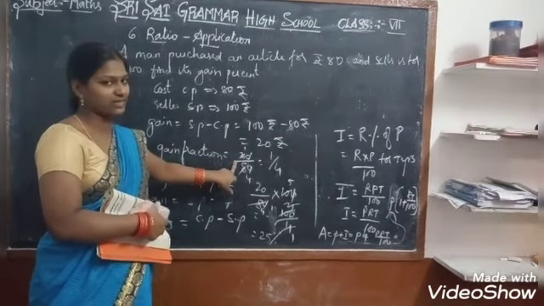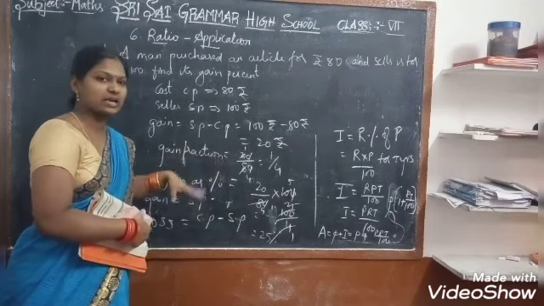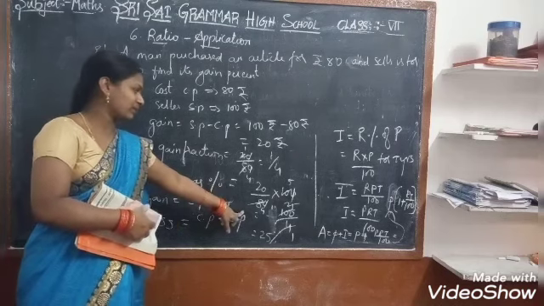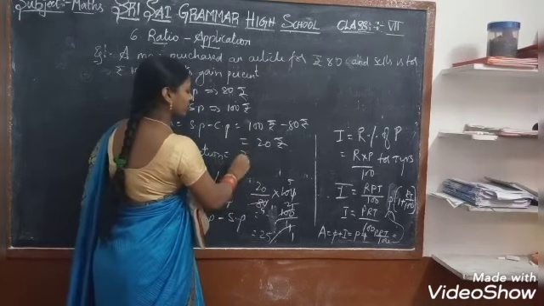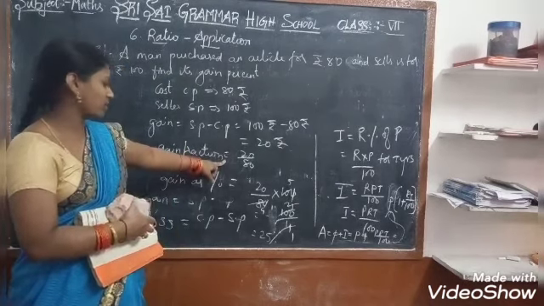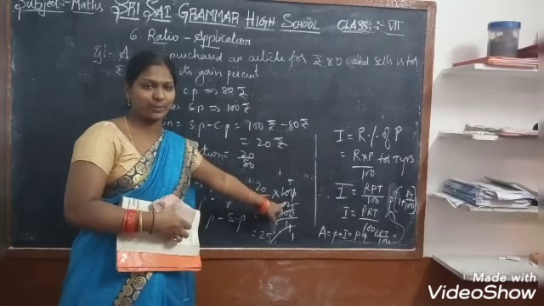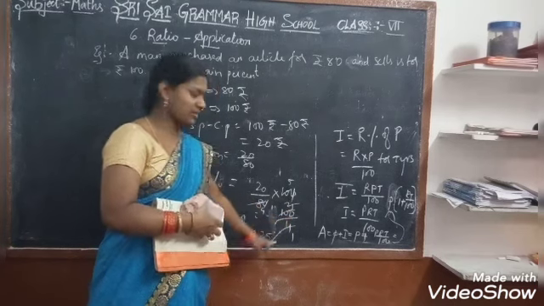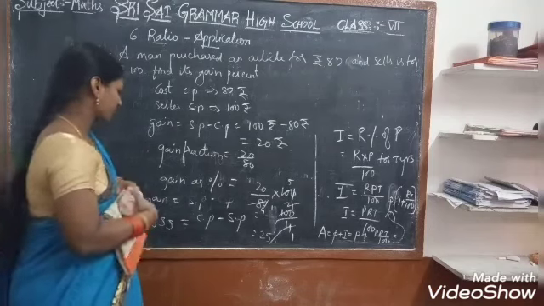You can do the direct cancellation and apply it here. 25 fours are 100. We got 25%. Okay.